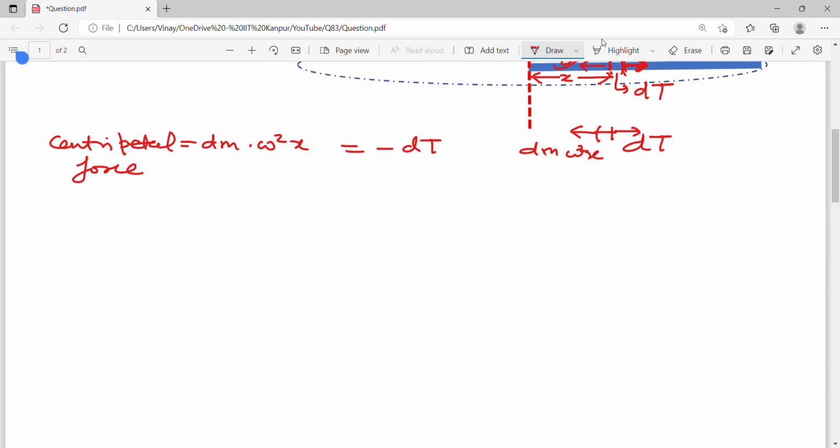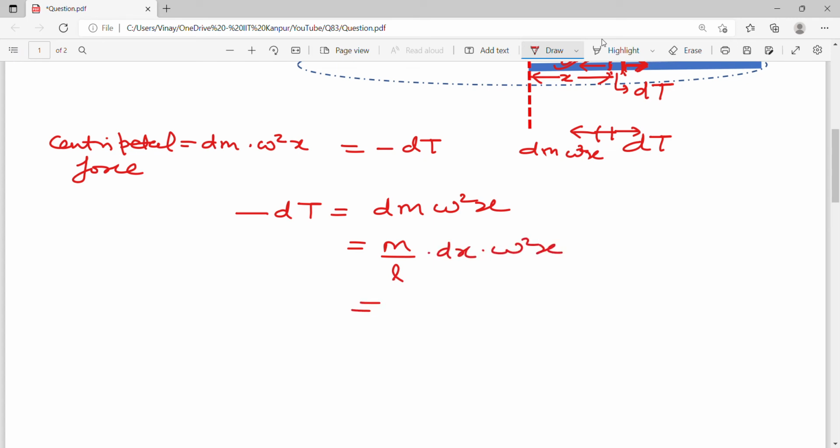So minus dt is equal to dm omega square x. Now put the value of dm, that is m by l into dx omega square x. Simplify it a little: m omega square by l x dx is equal to minus dt.